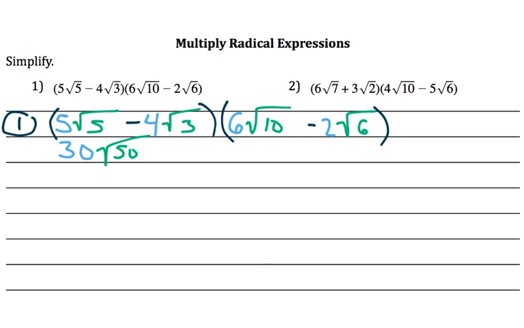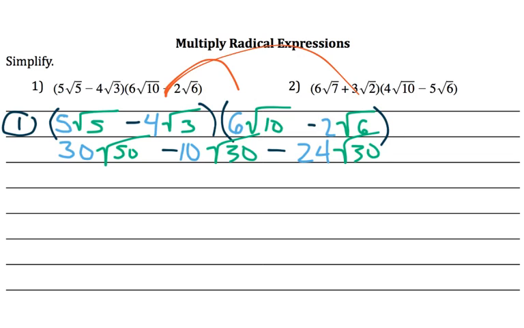Then if I move to the outer, keeping in the order that it's normally done, I see positive times a negative, so I'm going to write minus 10, and then square root of 30. So I did my first, outer, so this is kind of a tracking problem, inner, and then I'll do my last. If I do my inner, I got 4 times 6, so I'm going to write minus 24, and then 3 times 10 under the radical, square root of 30.